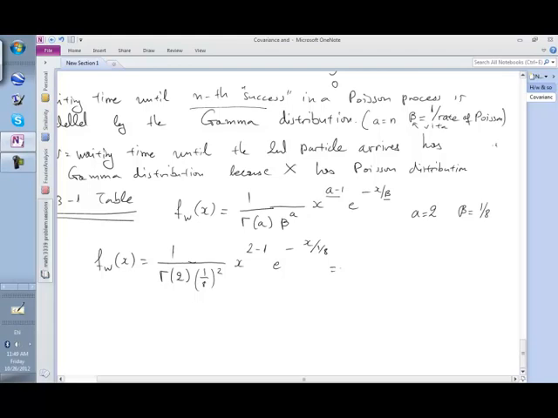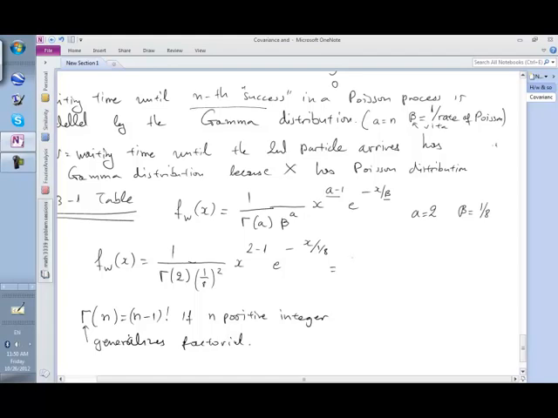Now, gamma of n is equal to n minus 1 factorial if n is a positive integer. In general, the gamma function generalizes the concept of factorial. That's why it ends up being the factorial for integer numbers.